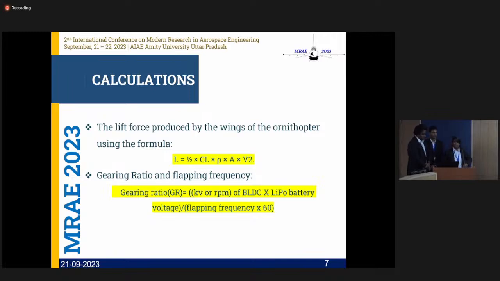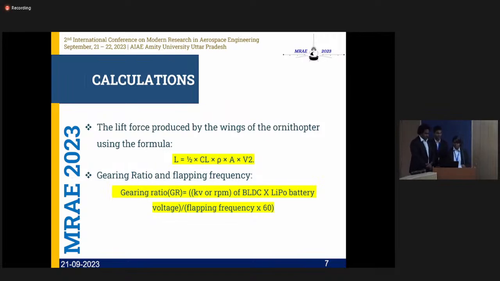A is the area of the ornithopter, taken as 0.09 meter squared approximately, and V is the air speed, taken as 10 meters per second. C_L is taken as 0.8 for low Reynolds number. Hence, after putting all these values in this formula, we get the value of lift as 5 Newton approximately.